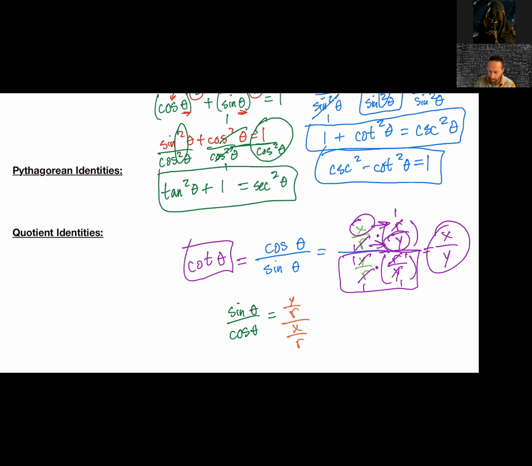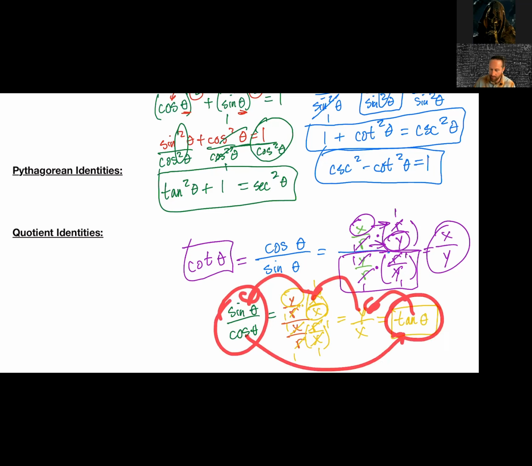Told you guys, super important concept in this class and in all math. Because then the x's become a 1 and the r's become a 1 whenever we divide something by itself. And since this is also multiplying, the r's will cancel, and the only thing we're left with is a y over x, which we said is equivalent to tangent. And since that's equivalent to this, which is equivalent to that, then we know that these are equivalent.